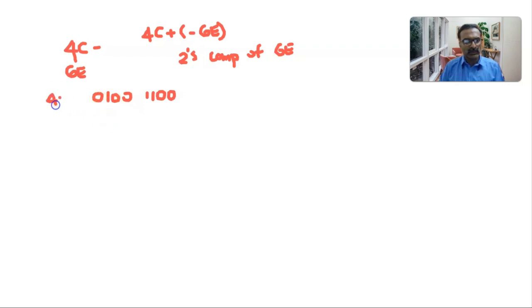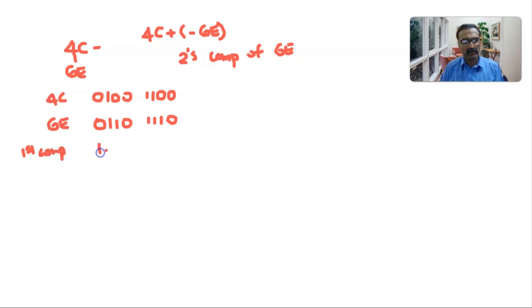This is 4C. Now 6E: 6 is 0110, E is 1110. Now you have to represent minus 6E, so you have to find the 1's complement.